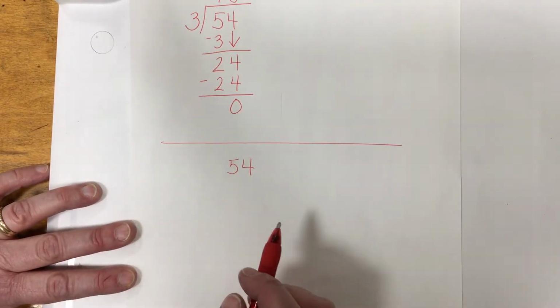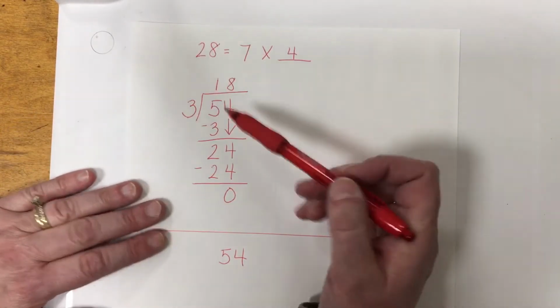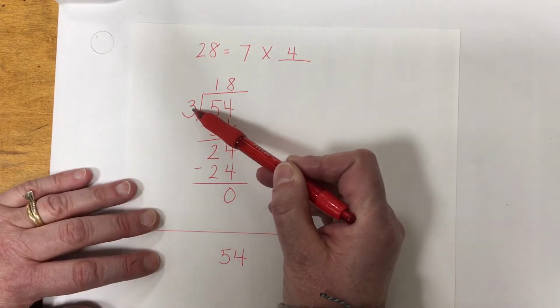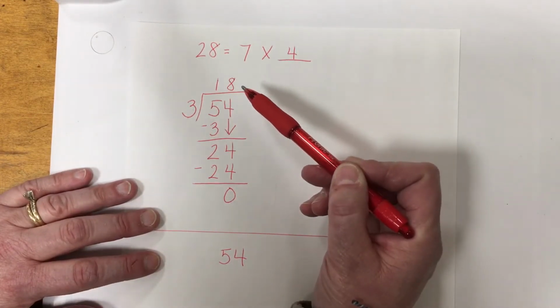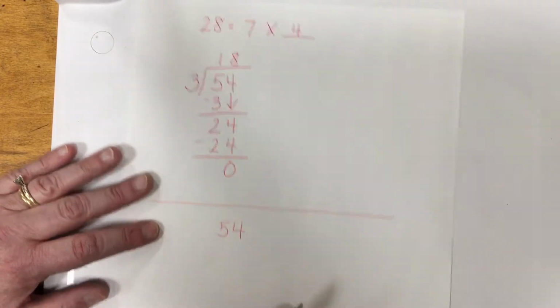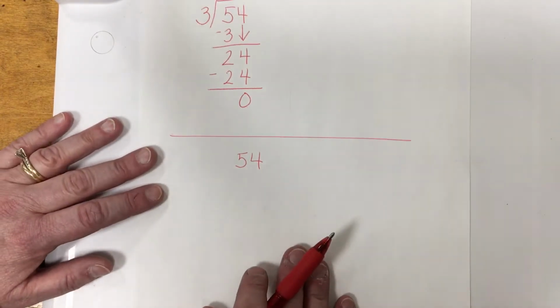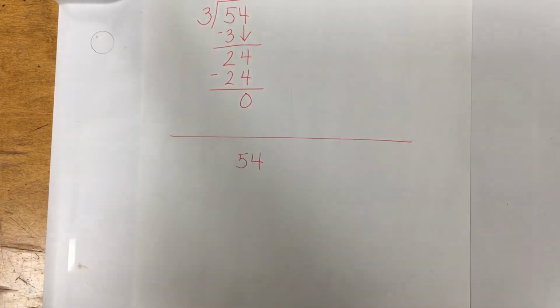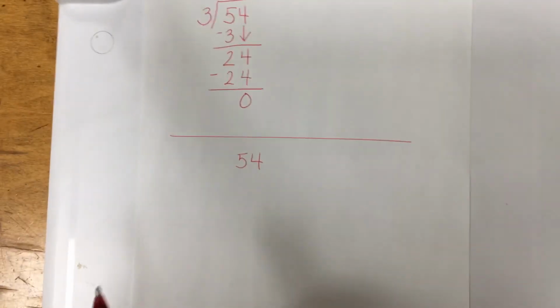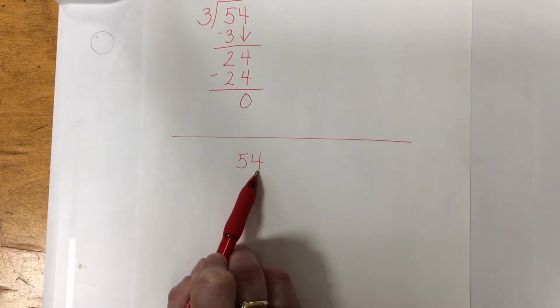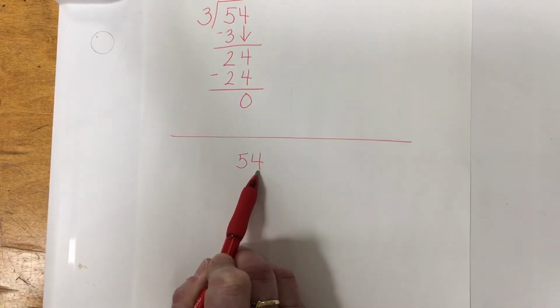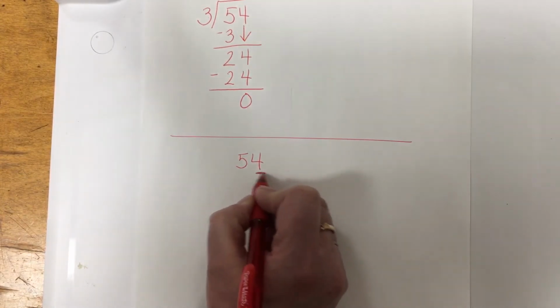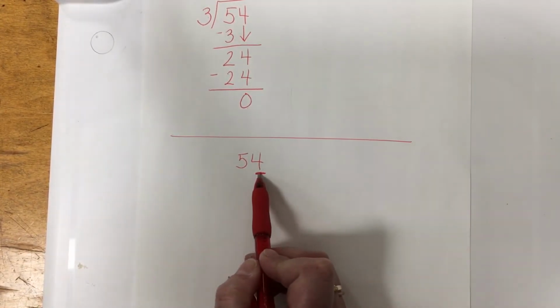We needed to do long division to find out if 3 was a factor of 54. But for 2 and 5, we don't need to divide. For 5, we know it doesn't work because 54 ends with a 4, not a 0 or a 5. But when I look at the ones place in 54, I see a 4. 4 is an even number.